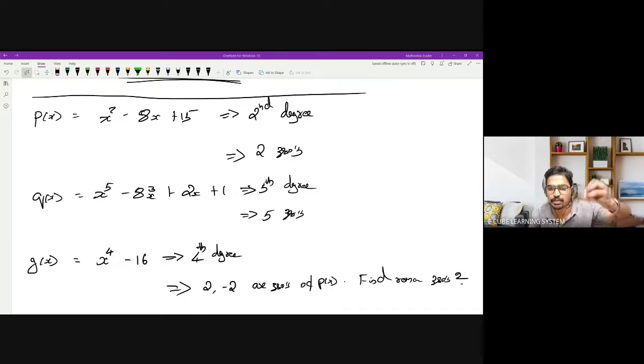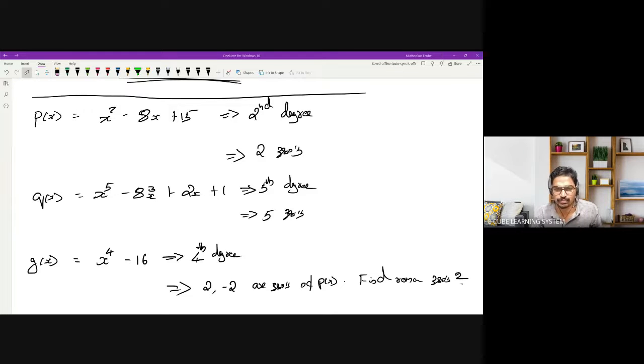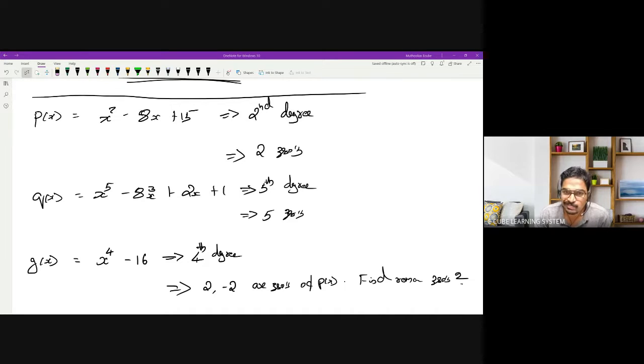And how many zeros are provided right now? 2 and minus 2. Only 2 zeros are provided. So how many zeros are remaining? 2 more zeros are remaining. So find the remaining zeros means we should find 2 more zeros.